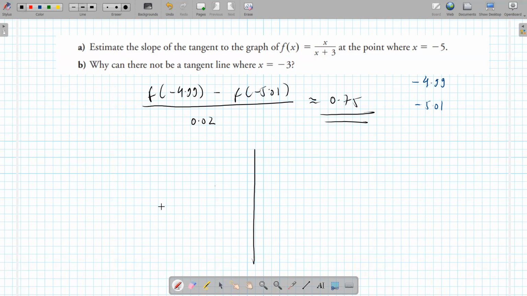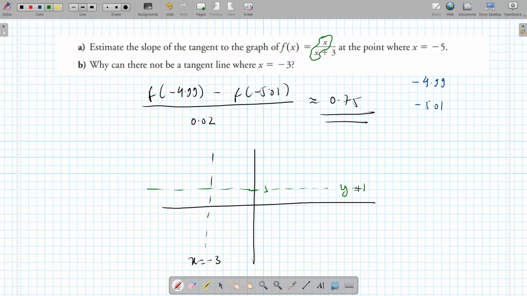So here, if you were to go ahead and sketch this at negative 3, you get a vertical asymptote, and then you want to take the ratios of the leading coefficient. That'll give you a 1, because it's 1x over 1x. That is your horizontal asymptote at y equals 1.